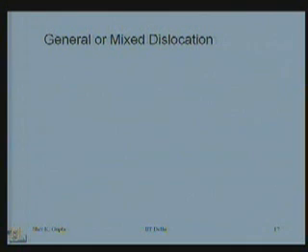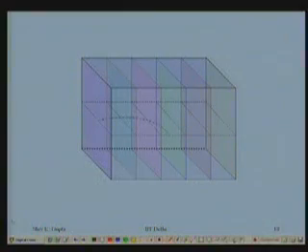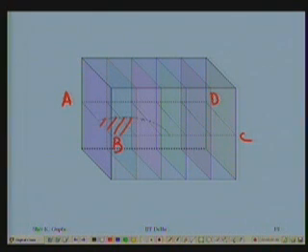Now let us look at the general or the mixed dislocation. All right, I come back to my perfect crystal, simple cubic perfect crystal, and this is my slip plane A, B, C, D. Now I cut the bonds in this area of the plane.